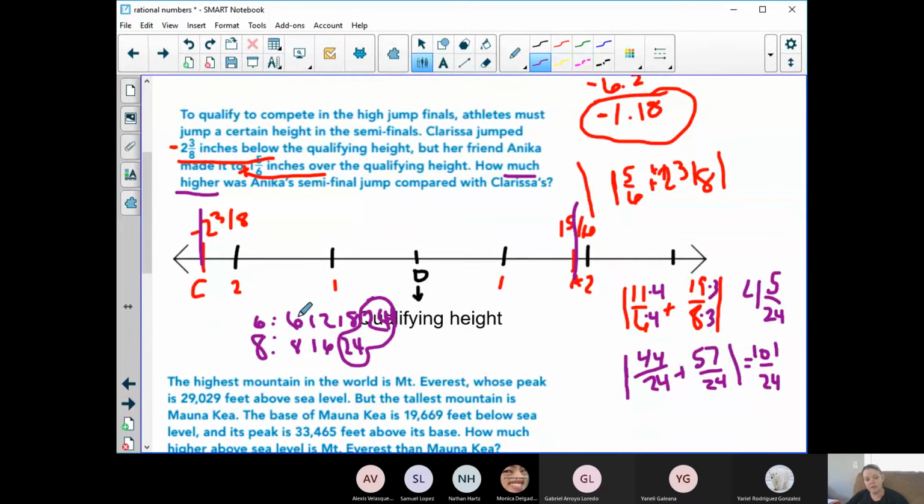So I know 6 times 4 gives me 24, and 8 times 3 gives me 24. So that's where those numbers came from, Yariel. Any other questions about this one?